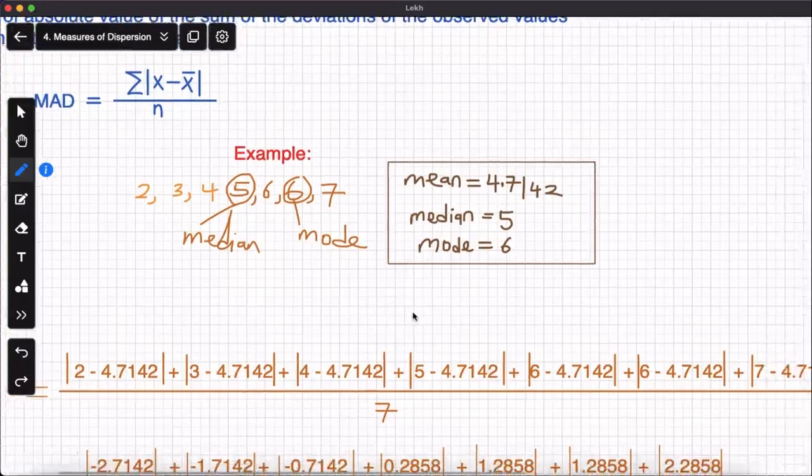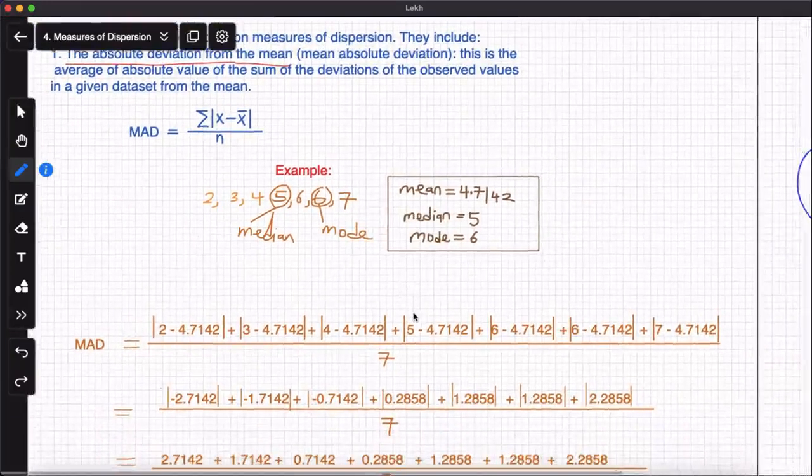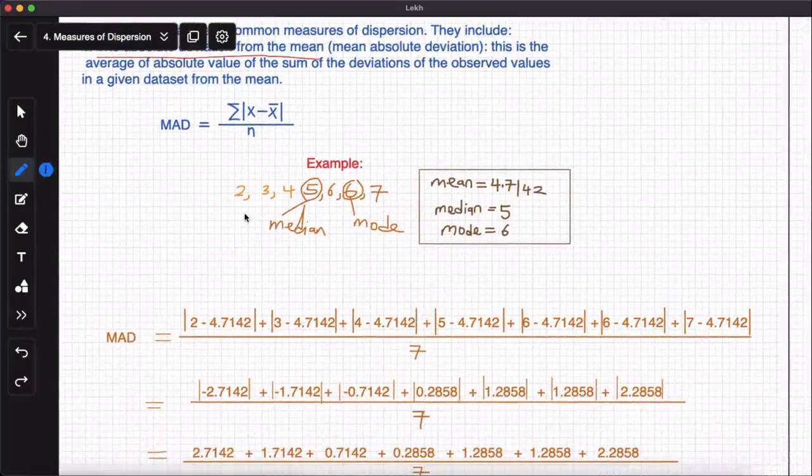All right, so if we do that, then we are going to have something like what you are seeing here now. So the observations are 2, 3, 4, 5, 6, 6, 7. So you say 2 minus the mean, which happens to be 4.7142. So if you do that, that's what you're going to get. And the median is 5, the mode is 6.